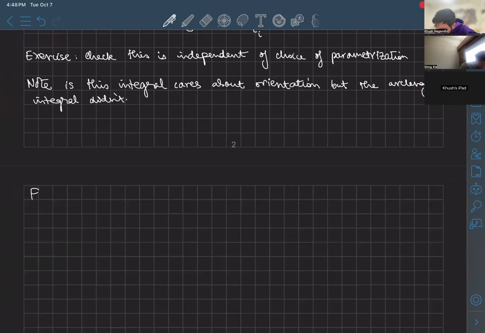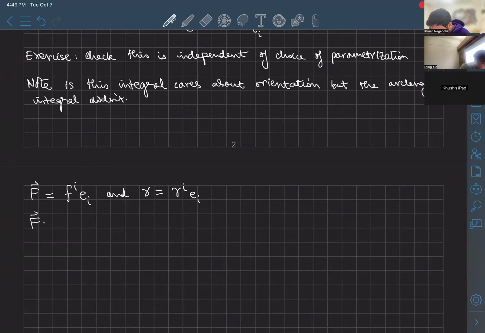So I know that this vector function f has coordinate functions f_i e_i, right? And gamma has coordinate functions gamma_i e_i. But now I'm taking the dot product of f with gamma prime. And I'm going to use the fact that the e_i are an orthonormal basis.